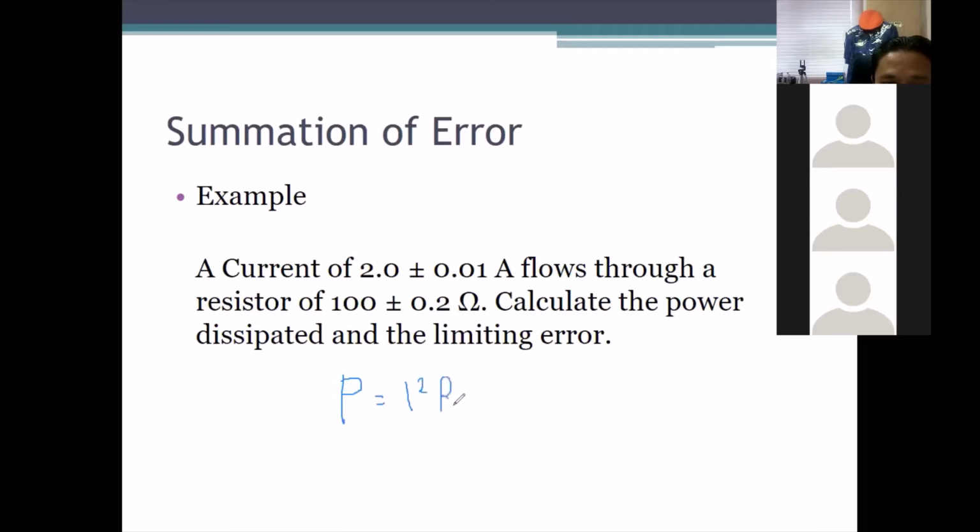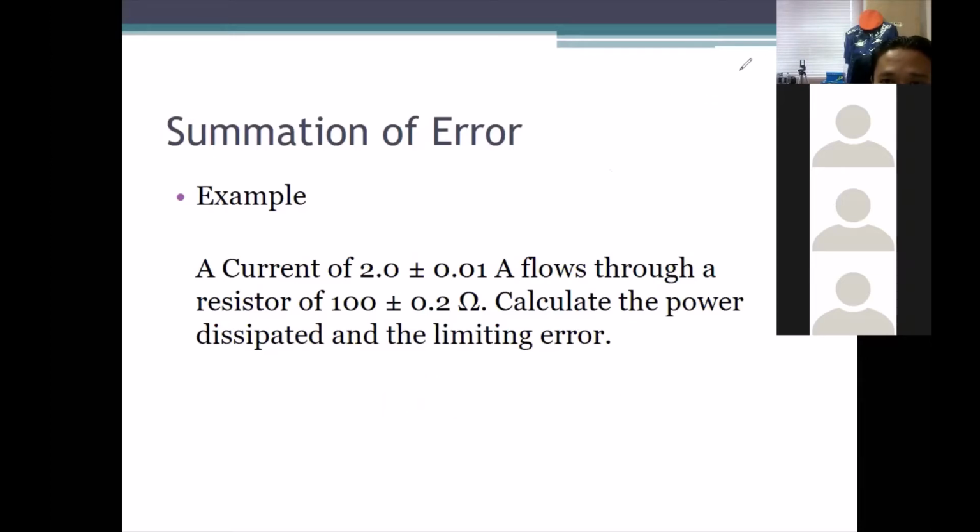So that means the operation will be I multiplied by I multiplied by R. First, you have to calculate the limiting error.